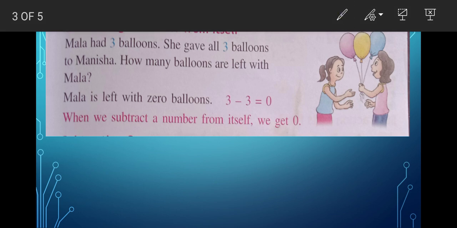Similarly, another example: if you subtract 5 minus 5, the answer will be how much? 0. Or if you have 6 apples with you and you are giving the entire 6 apples to your mother, then how many apples are left with you? 0 apples are left with you, isn't it?